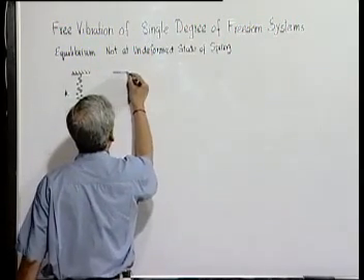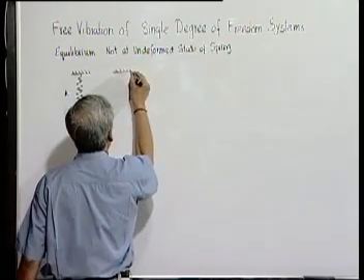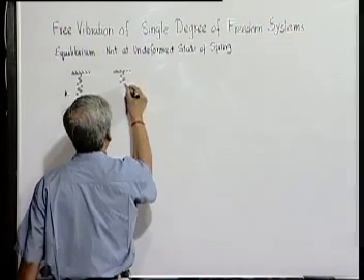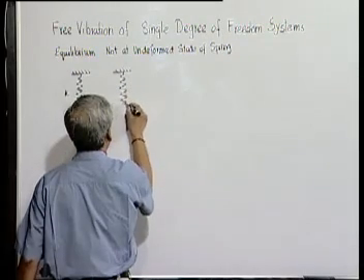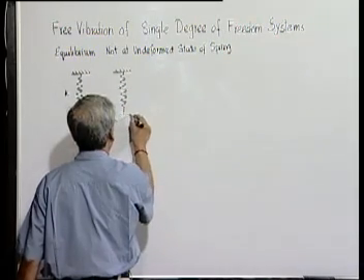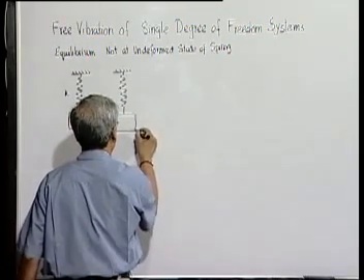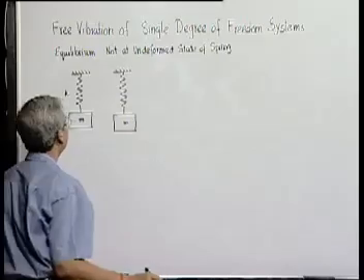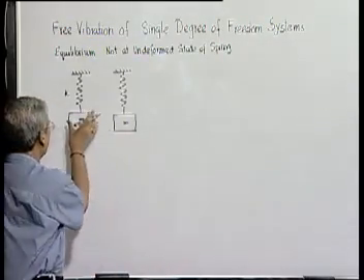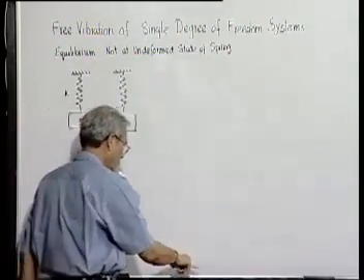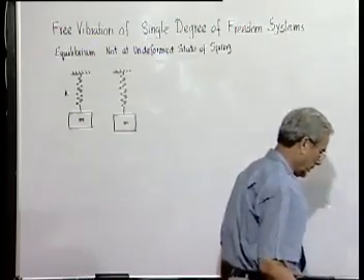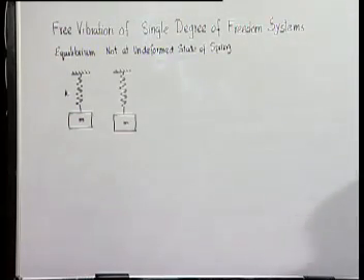The spring will stretch a little bit and the mass will come here, because due to gravity there will be a force acting on this spring, and the spring will be stretched.